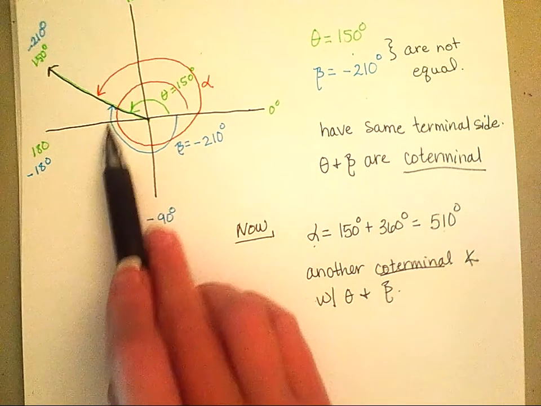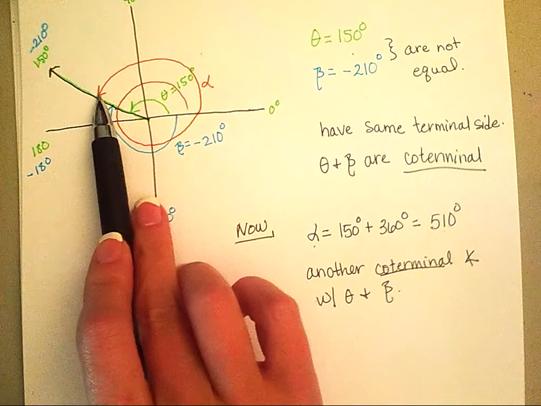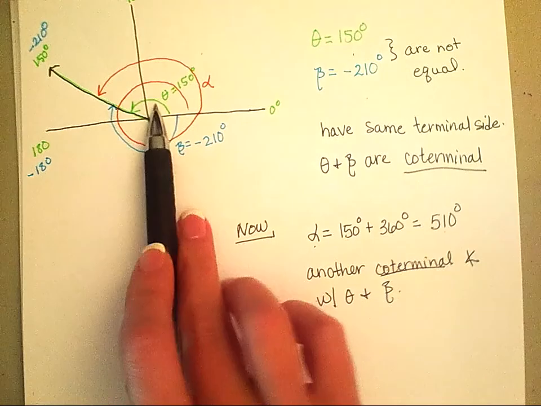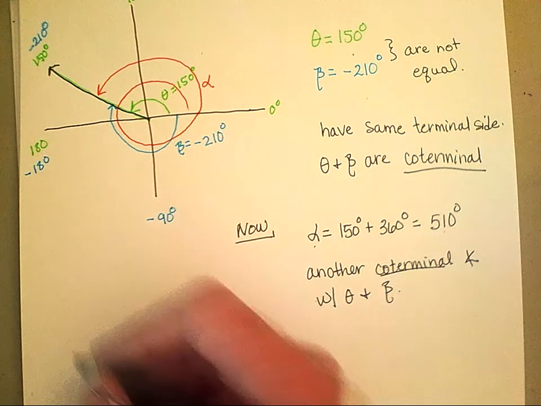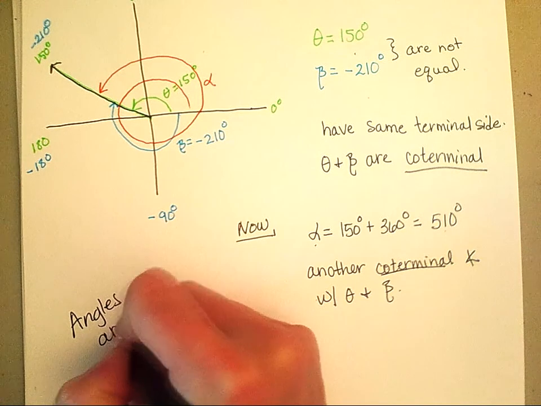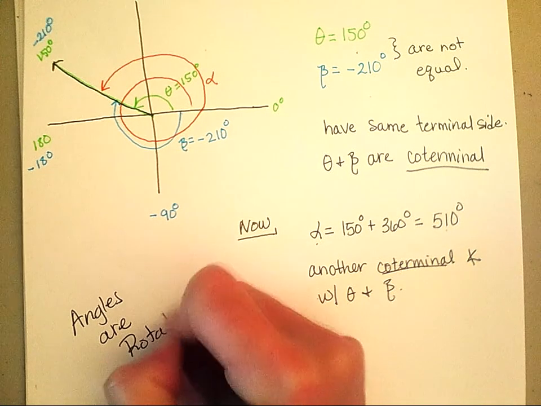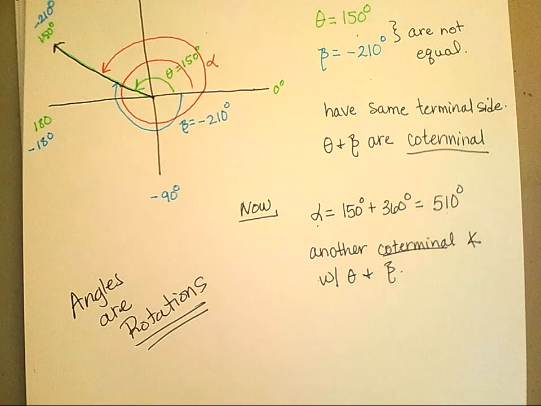If I took 210 and kept looping it around once, that would be another angle. If I looped it around again, it would be another, and another. Okay, so there is an infinite amount of coterminal angles, and these angles are not equal, and we really have to keep in mind that angles are rotations. This is going to be our big mantra.